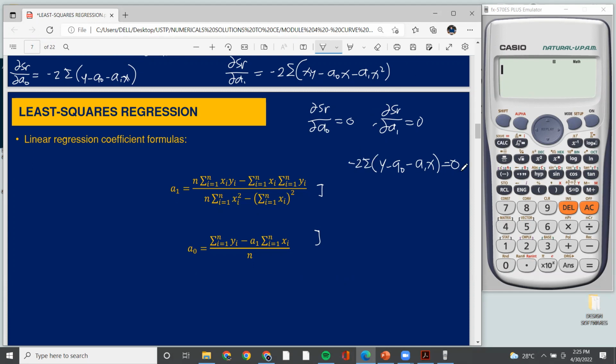Divide nato siya diri negative 2. So, mabilin summation of y minus summation of a sub 0 minus summation of a sub 1 x is equal to 0. Okay? Distribute nato si summation. Now, atong i-simplify, we have the summation of y is equal to summation of a sub 0 plus summation of a sub 1 x.